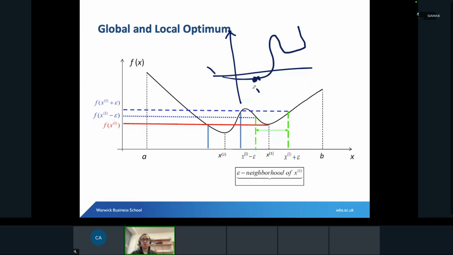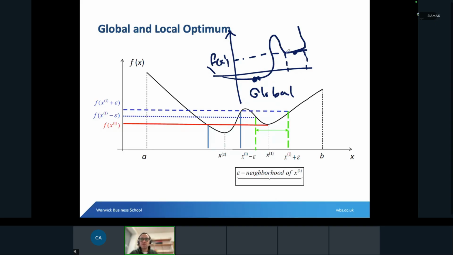This is the global optimum. Obviously, there is a point like this, and if this was straight, there is a neighborhood here in which this point has a value f of x1 which is less than or equal, in fact equal, to all values in the neighborhood. This is still a local optimum, whereas this one is the global optimum.